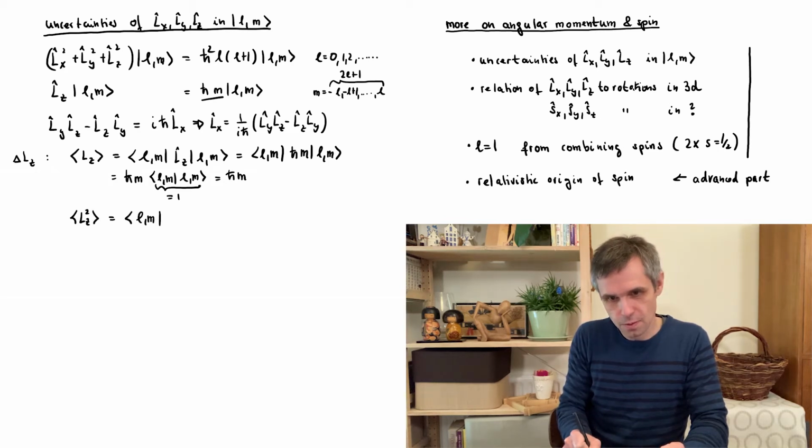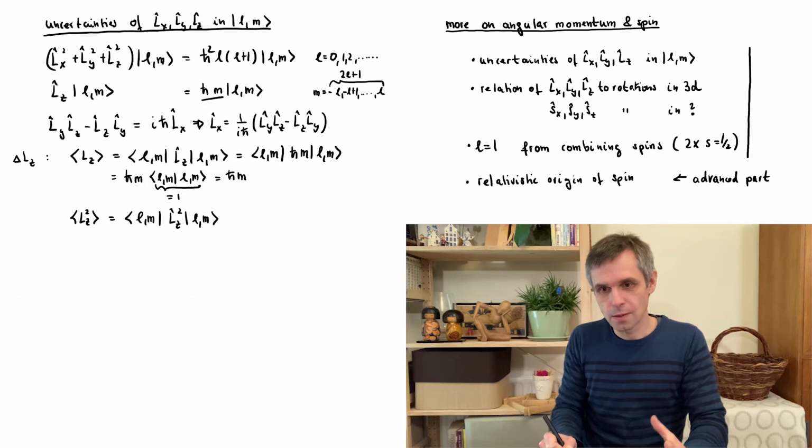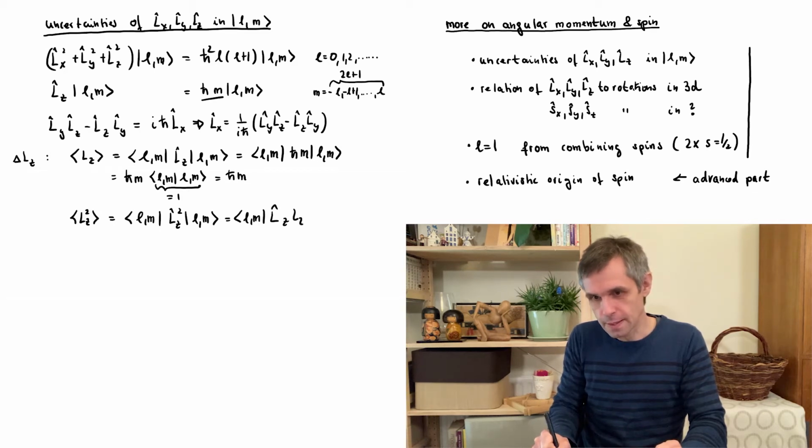Well, for this we just place Lz squared in here. And now we can use this eigenvalue equation just twice. Because what this really means is that we apply Lz twice to this state.